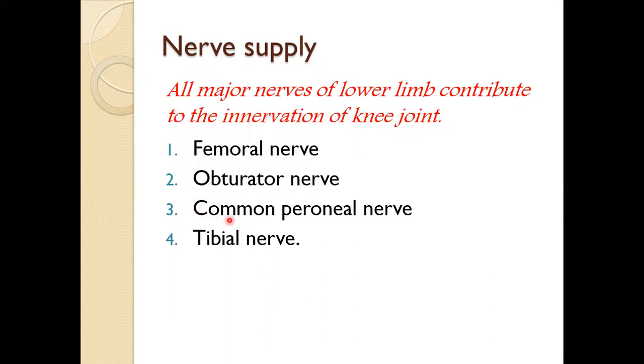And then the nerve of the posterior compartment and the rest of the lower limb, the sciatic nerve, right, which divides into the common peroneal nerve and the tibial nerve. These two are also innervating the knee joint. So all the major nerves of the lower limb contribute to the innervation of the knee joint.